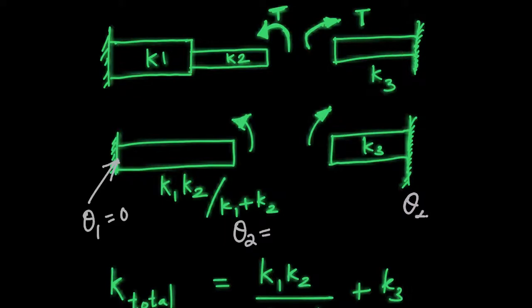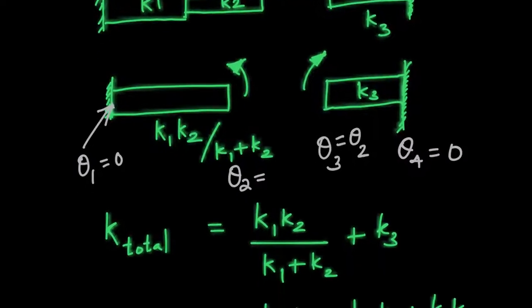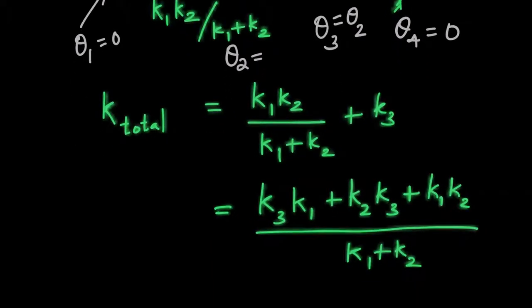And let's say here also theta 4 will be 0, and theta 3, from the continuity or what you can say from compatibility, it arises that this theta 3 value should be equal to theta 2 for the continuity in the structure, which effectively means that the net deflection or the net angular twist seen by these two portions are the same. Theta 2 minus 0, here also theta 2 minus 0, which means that these two springs are connected in parallel. We know the expression for how to calculate the net stiffness.